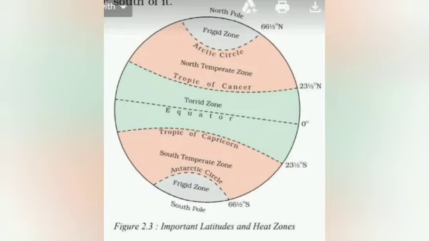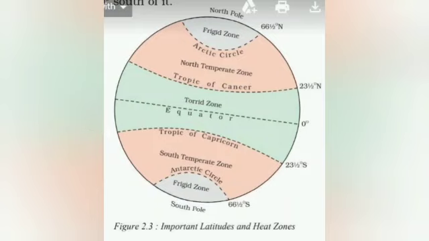Now, besides the equator, other important parallels are, you can see in the picture, the Tropic of Cancer, that is 23.5 degree north. The next one is the Arctic Circle, this is 66.5 degree north. The next is the Tropic of Capricorn, and this is 23.5 degree south.